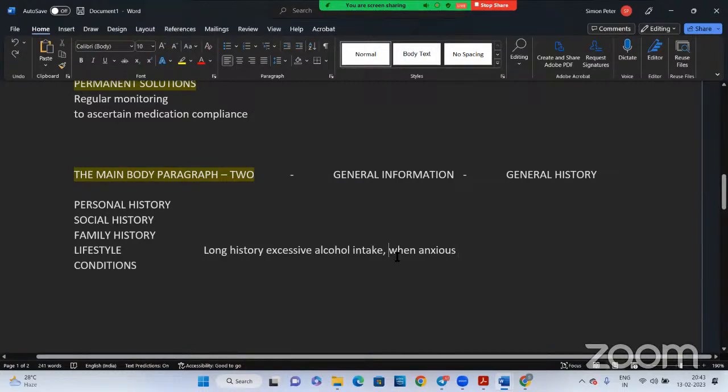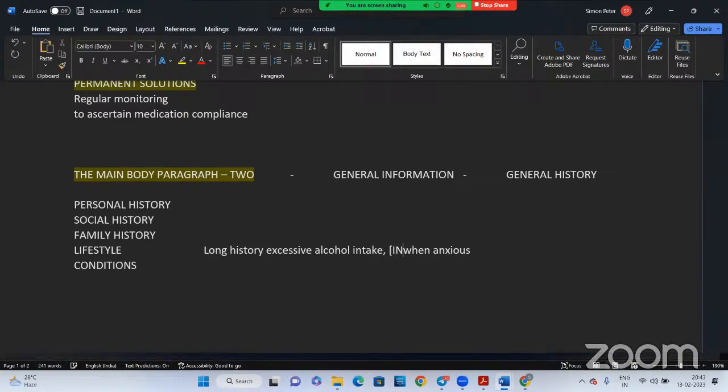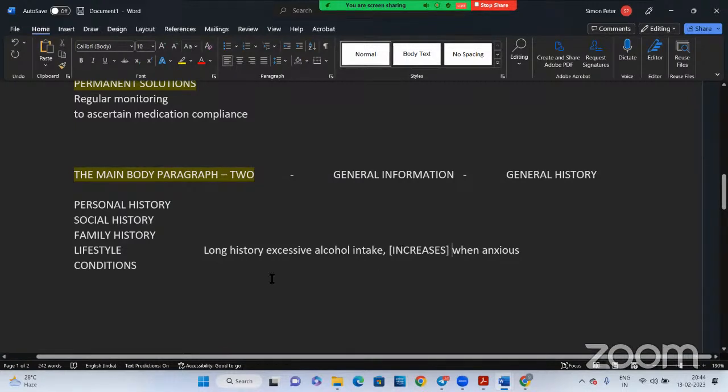So this increases, up arrow, when anxious. This information, where have we taken it from? It's lifestyle. She drinks too much.